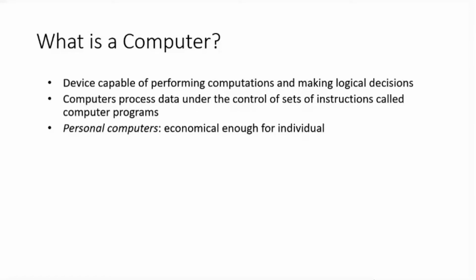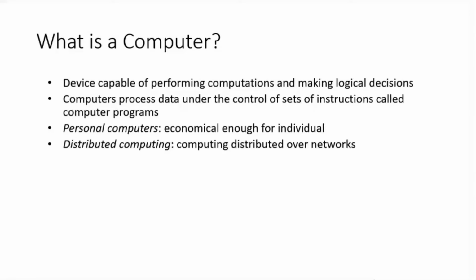The laptops, the desktops that are available are the PCs. They are not that pricey. It doesn't have a huge price so that an individual cannot afford it. But it is a low-cost machine.